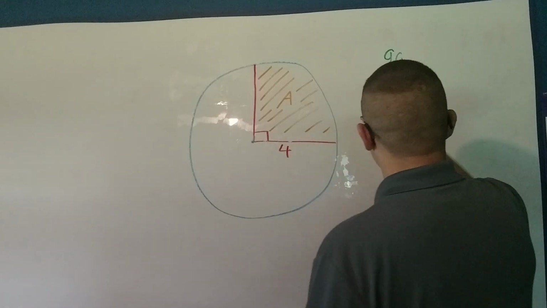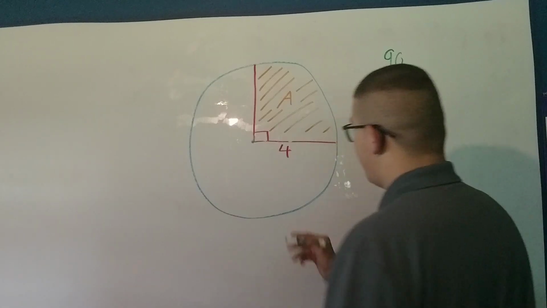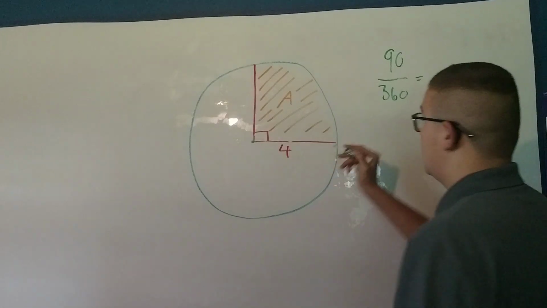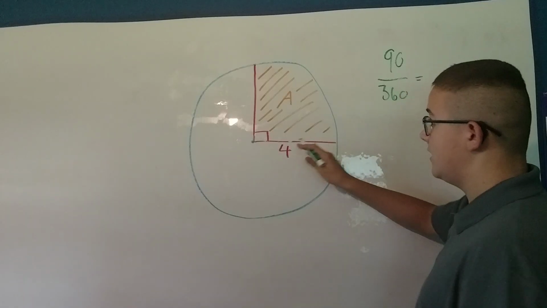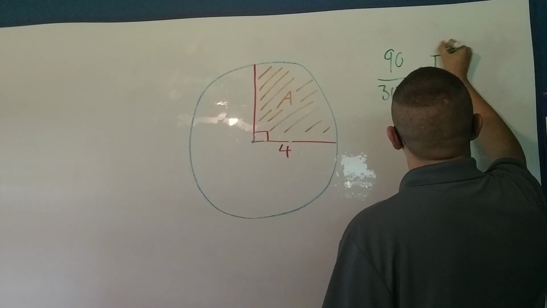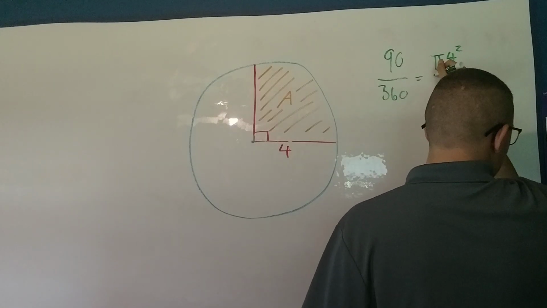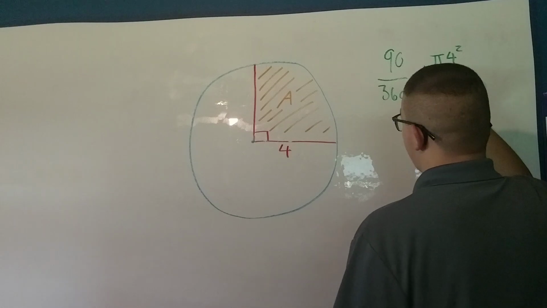Remember, a circle's 360 or 2 pi. And we set that equal to our part of the area, pi r squared, pi times 4 squared.